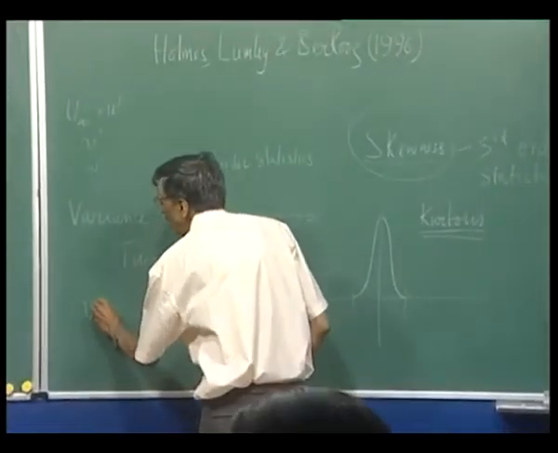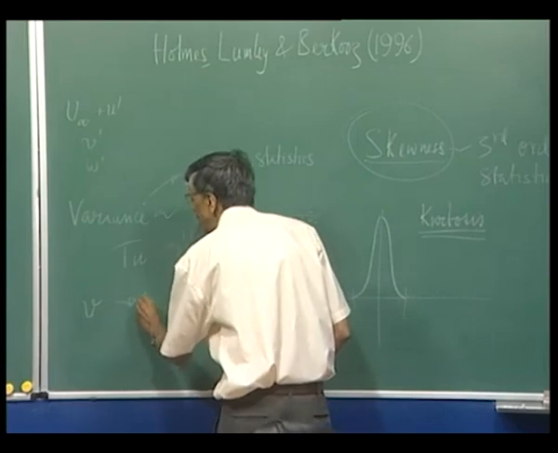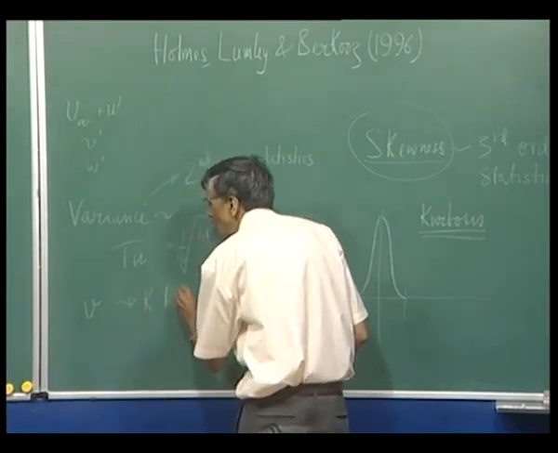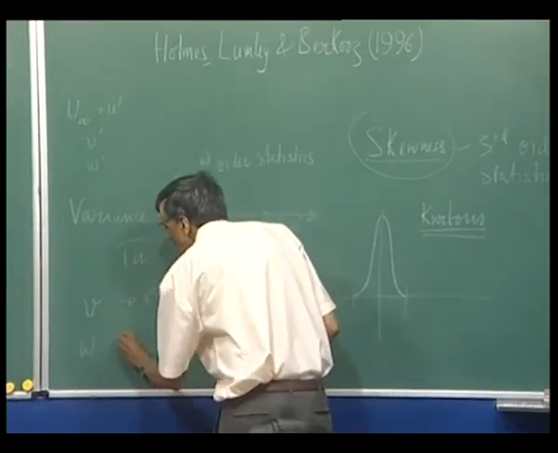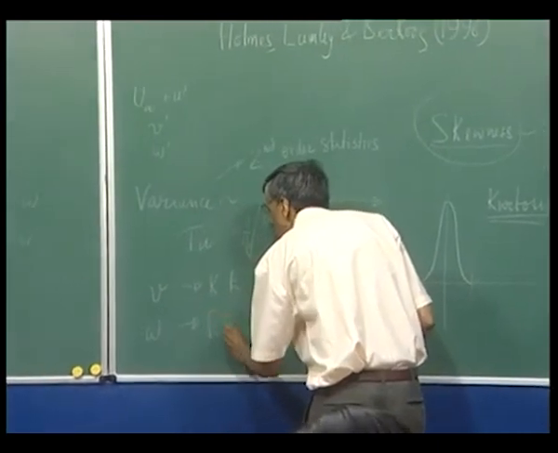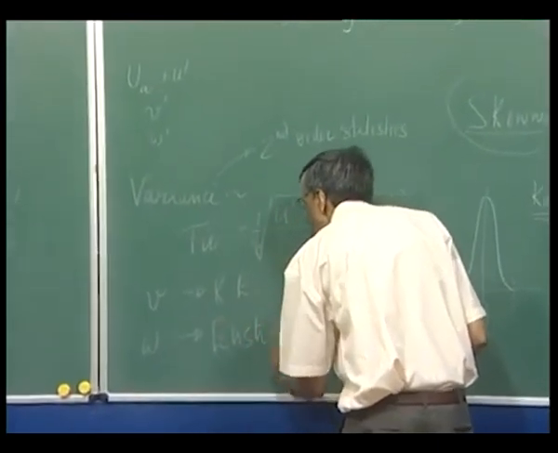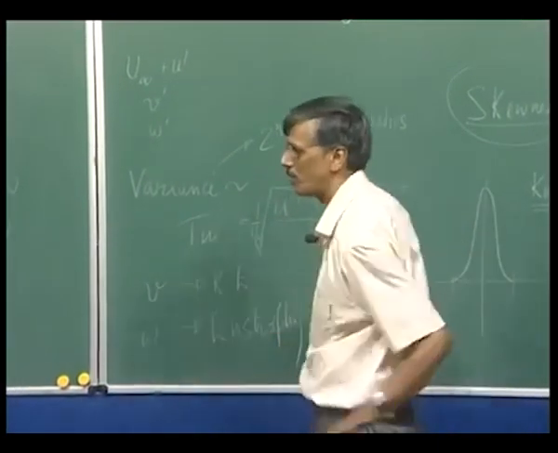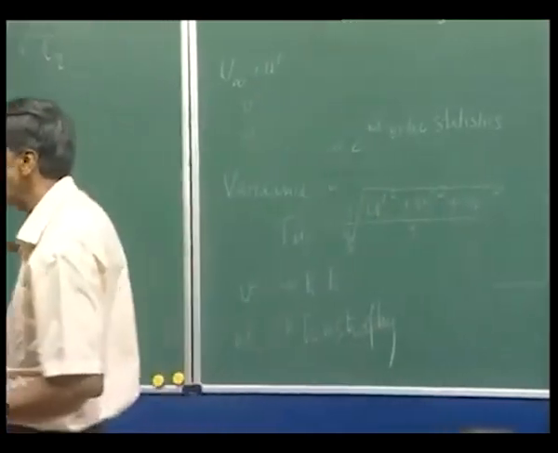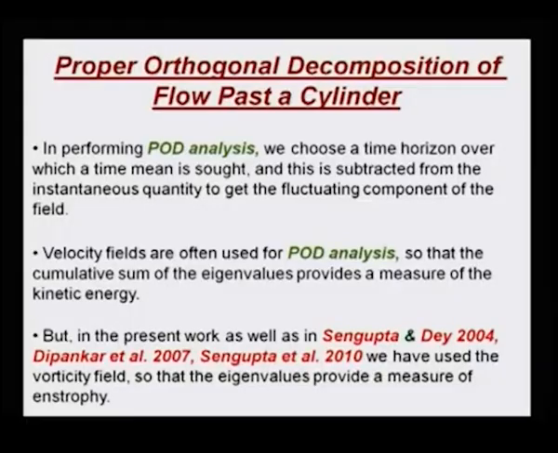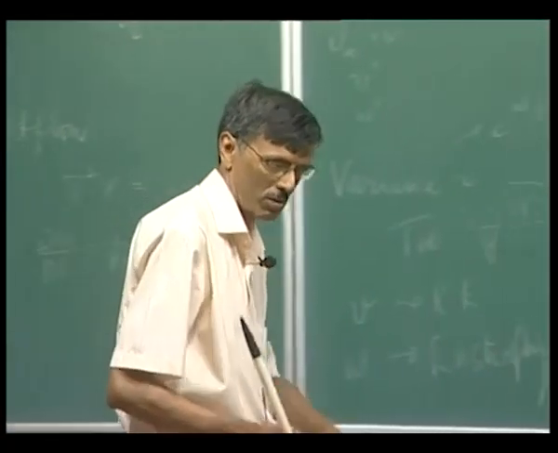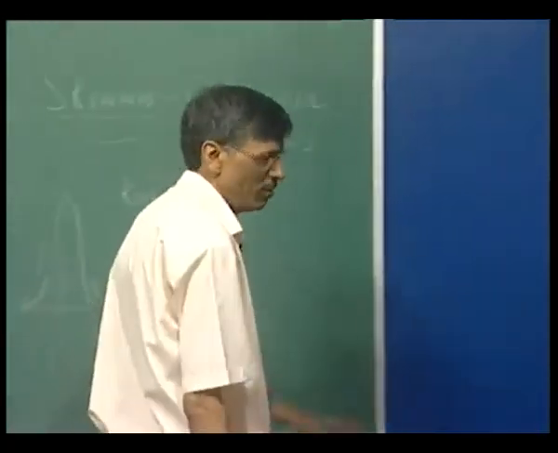If I am using velocity, I get kinetic energy, and if I use vorticity, I will get what I call entropy. Okay. So, we basically prefer working with the vorticity field, because that is what fluid mechanics is all about. It is all about vorticity dynamics. So, you work with vorticity, you work with entropy, and that is how we are going to do it.